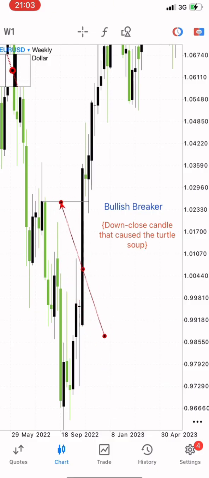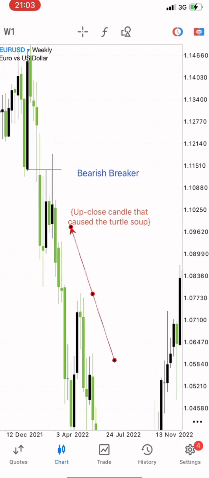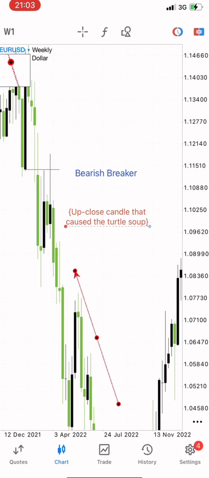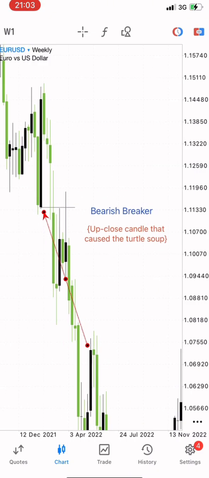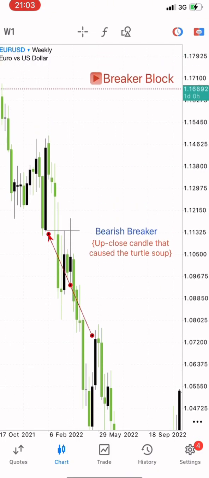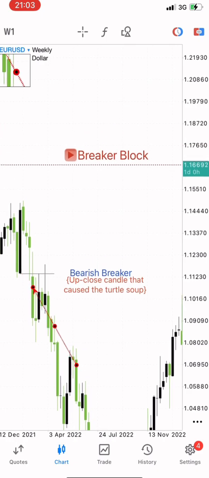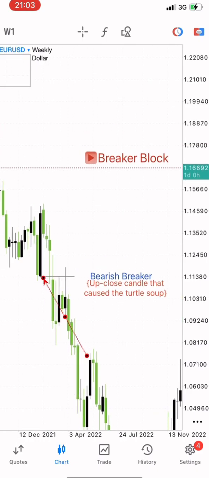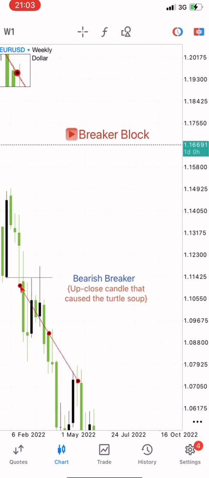We're not here guessing zones. We're not here like the supply and demand traders, like the market structure, ETFX, all those clowns. We're not like them. We trade specific candles, not zones. All right? So the breaker is this one specific up-close candle which caused the dump.